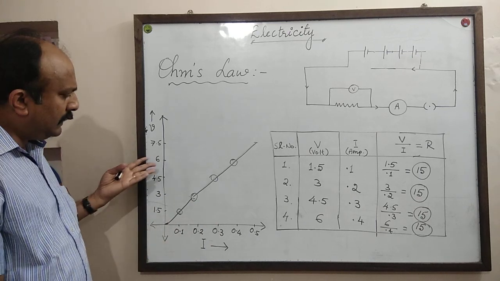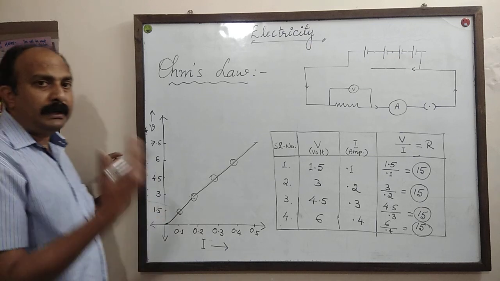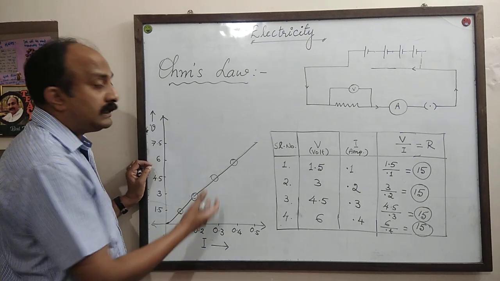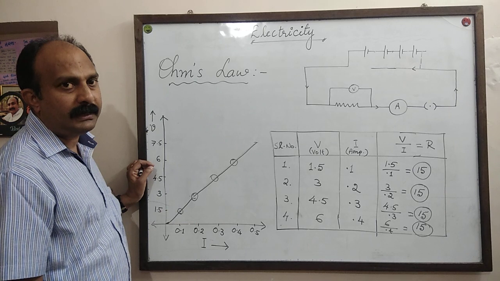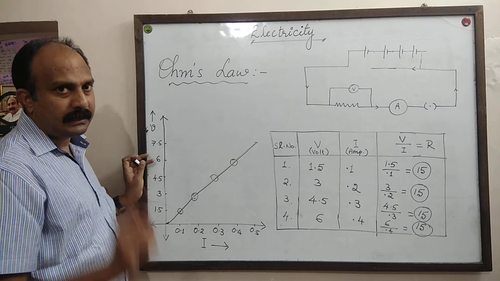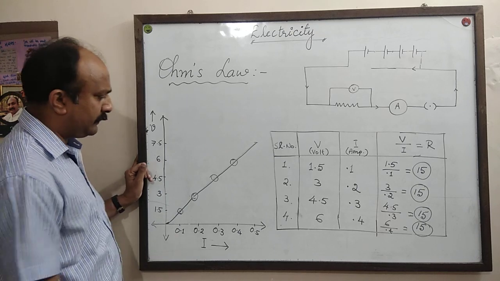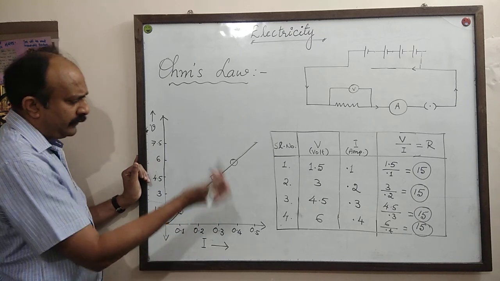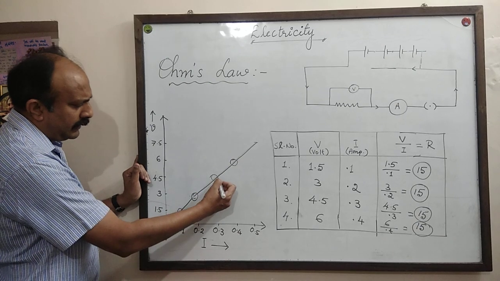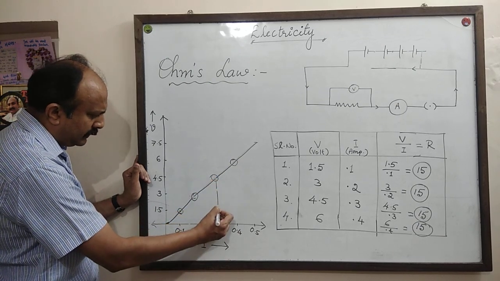How? At any point, you may take the slope of this graph. In class 9, in the motion chapter, you have studied how to find the slope of a graph. In order to find the slope of a graph, take any point on the graph and draw a perpendicular.